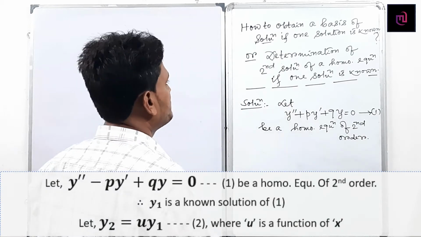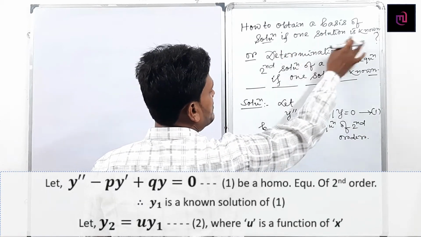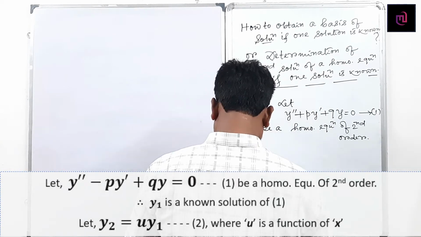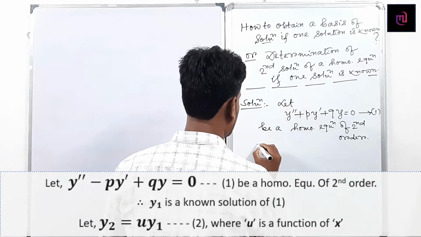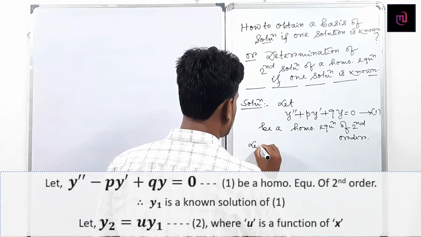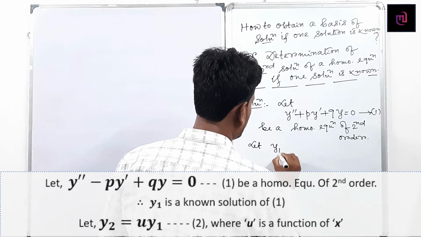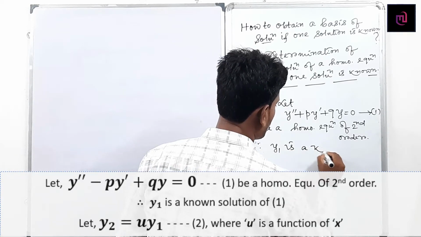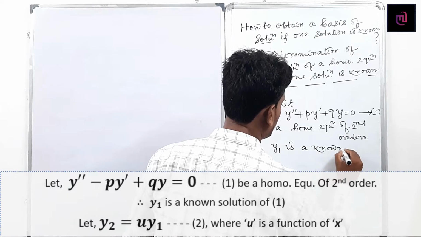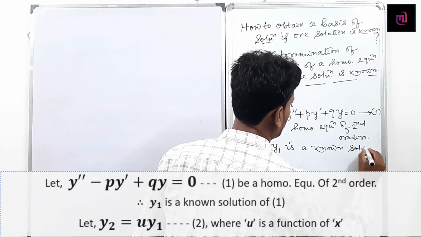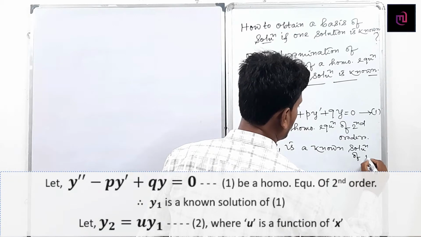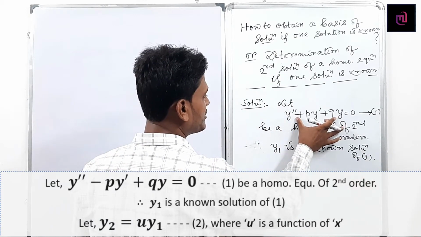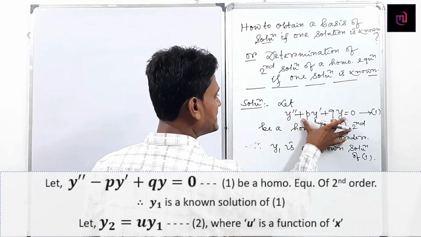Here, for the given condition, one solution is known. Let y1 be a known solution of 1. If y1 is a known solution of this differential equation, then y1 satisfies this equation.